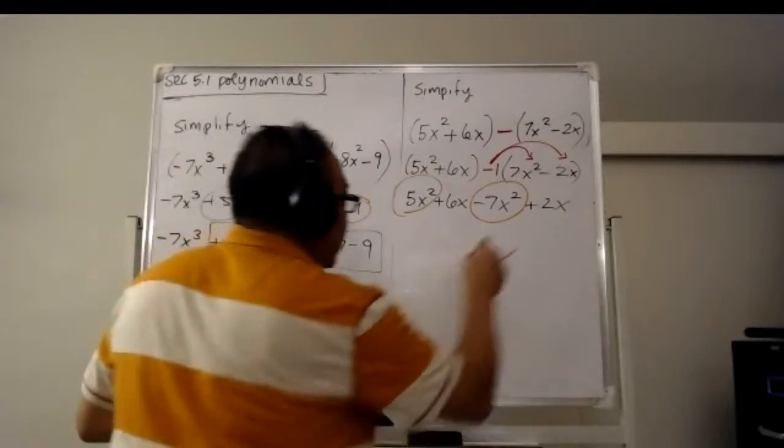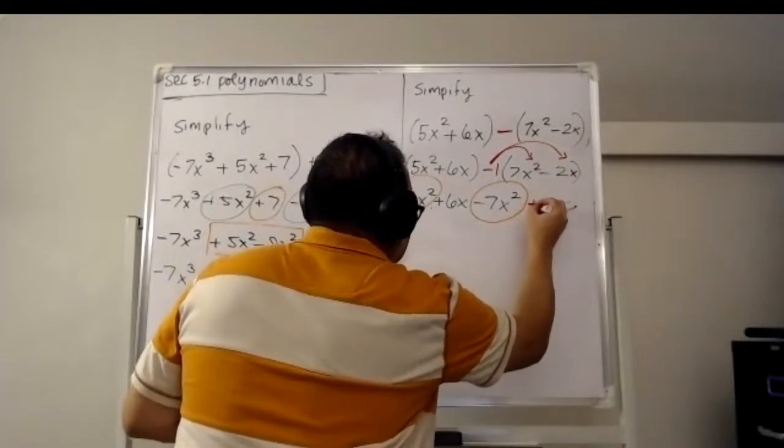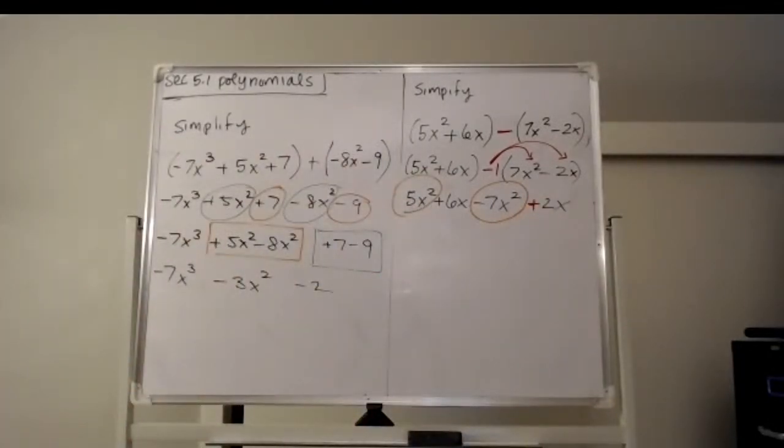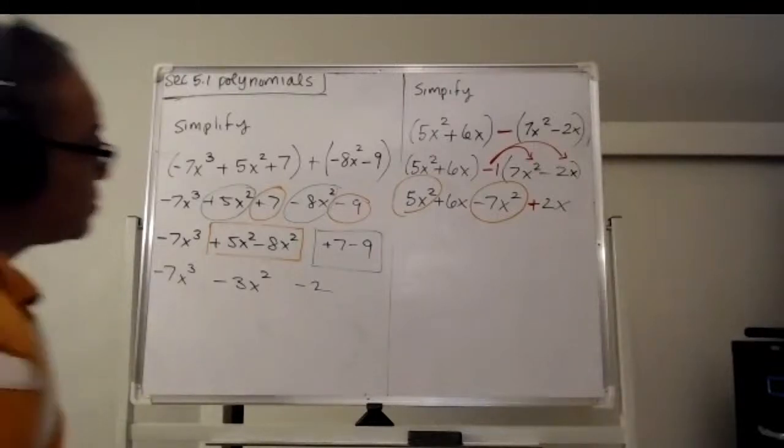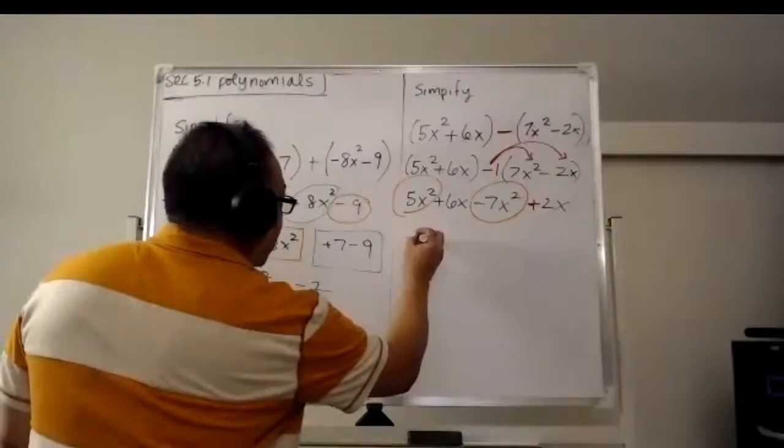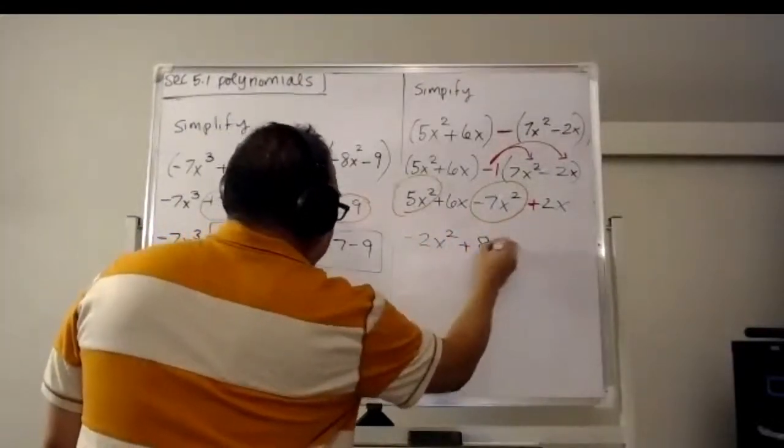Now, if you made a mistake, it's because you didn't make that a plus. Okay, so you get minus 2x squared plus 8x.